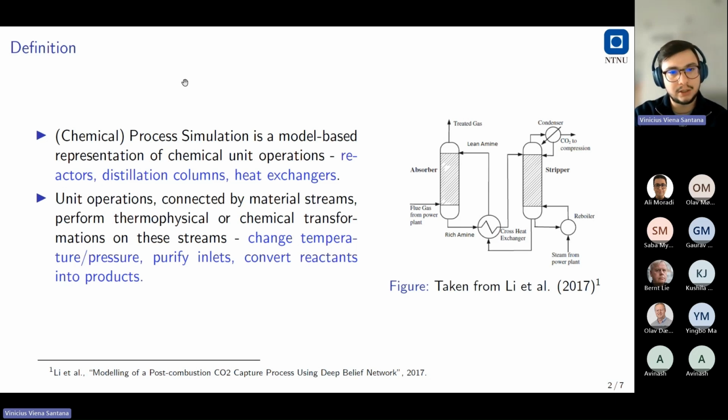And these unit operations are connected by material streams, and they perform thermophysical or chemical transformations on these streams. For instance, they can be used to change temperature and pressure, purify the inlet streams, or convert reactants into products. Because process simulation can mean different things for people from different backgrounds, I'm just trying to make sure that I'm giving the correct definition here.